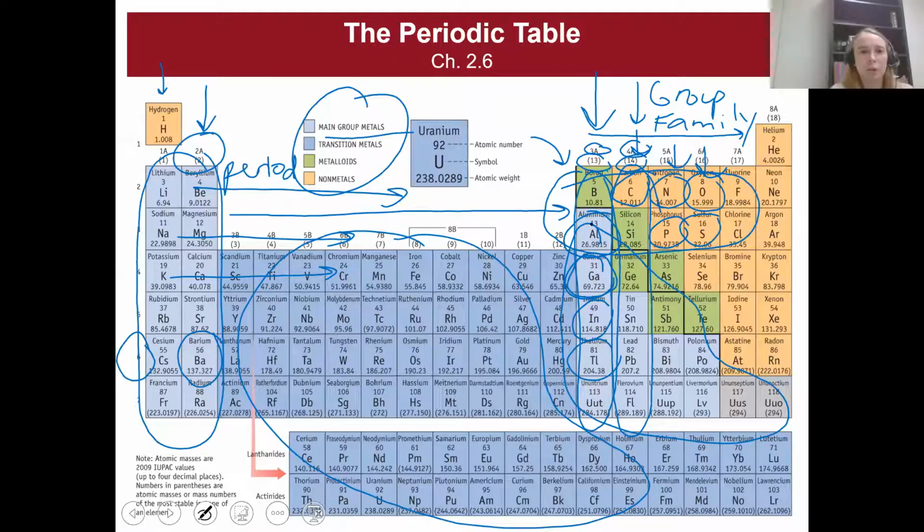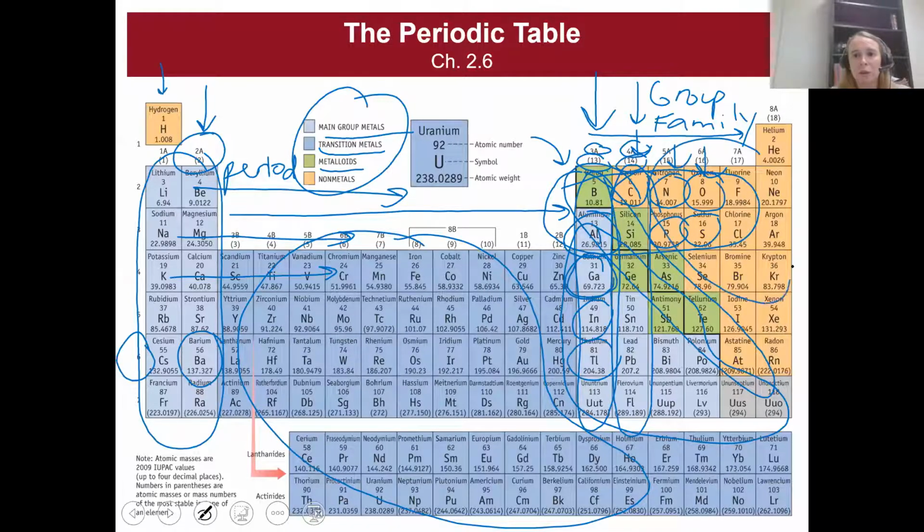All the dark blue ones are called transition metals. They transition from the main group metals to the non-metals. The green ones here, there's not very many, are metalloids. So they have some properties of metals and some properties of non-metals.